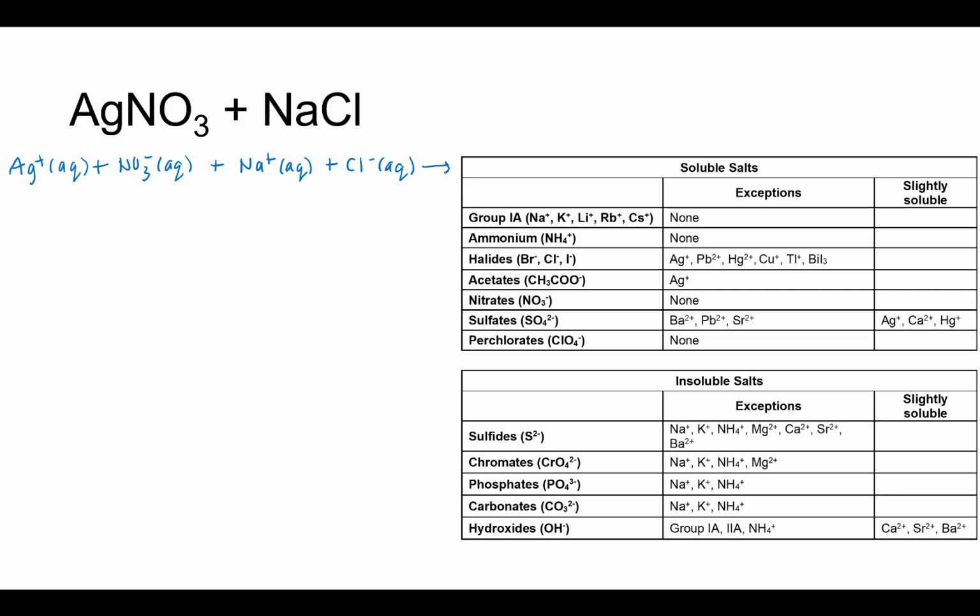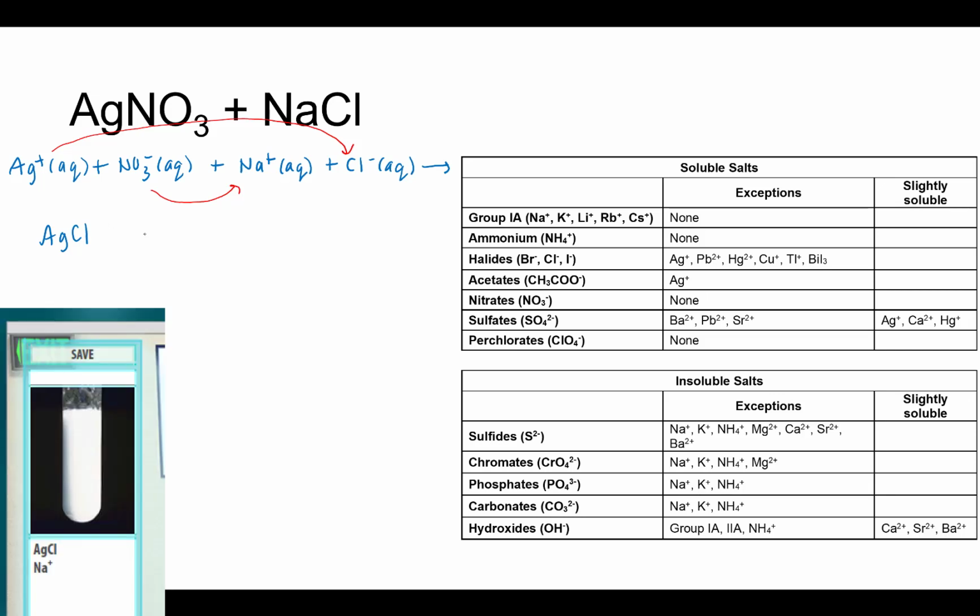All right, and now we're going to do a partner switch up. So Ag plus is going to go home with the other ion, which is AgCl, and these two will go home together. So we get AgCl, and we were told in the lab that that was the product that formed. That was the precipitate, and then there were sodium ions left over.